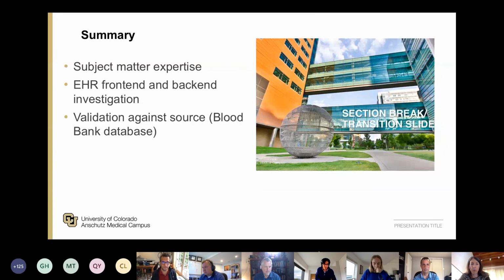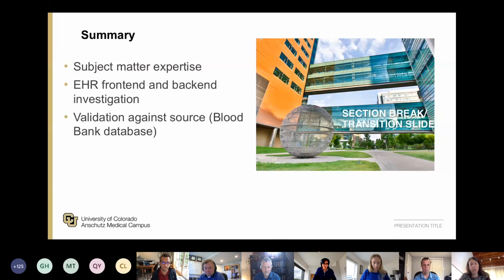We had to talk to people who knew what was happening on the floor, in the OR, in the ED, at the blood bank. We had to triangulate this investigation. We had to look at the EHR front end and talk to people at the front end, and we had to look at the back end and investigate both of those.